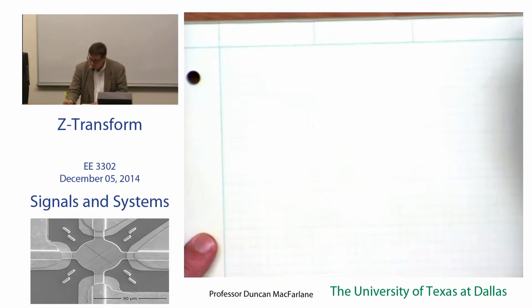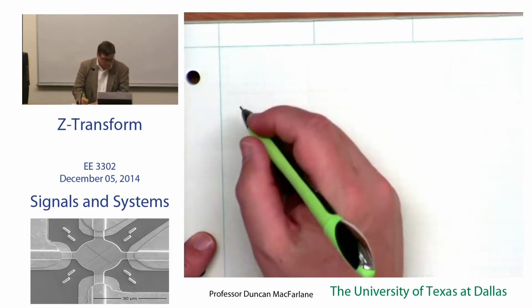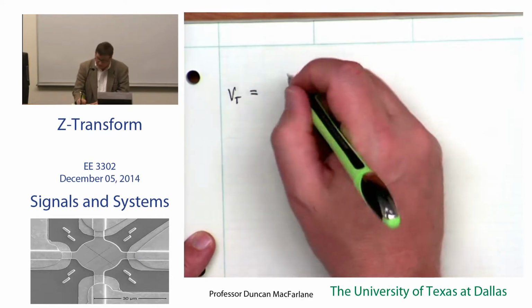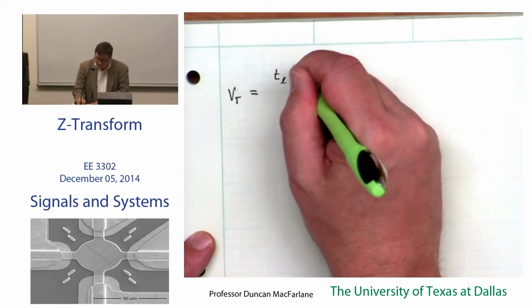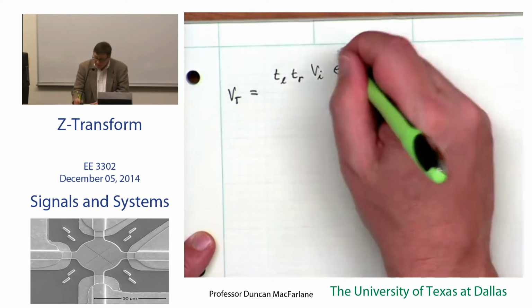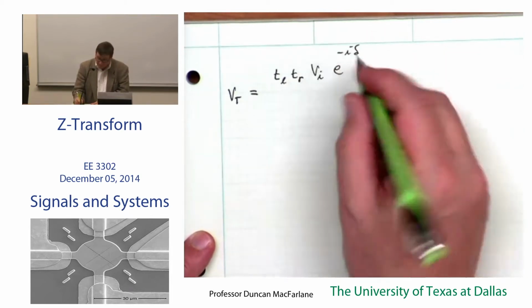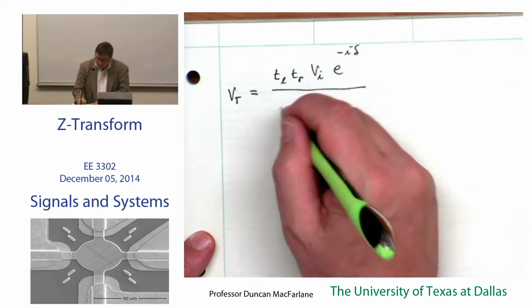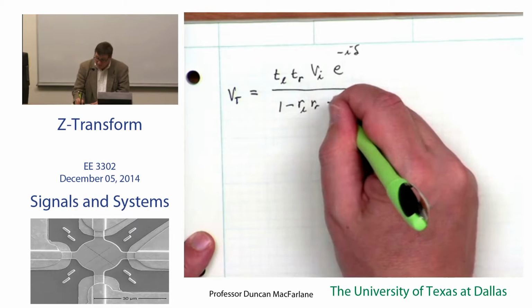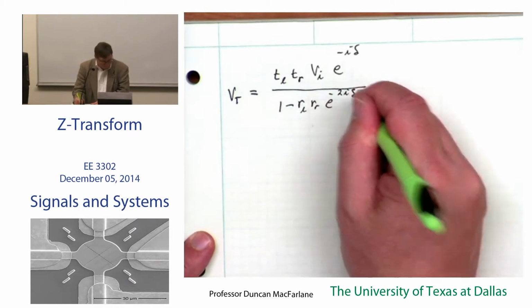So if I clean this up a little bit, I get V out, or V transmitted, I should say, as TLTR, V input, e to the minus I delta over 1 minus RL RR e to the minus 2I delta.